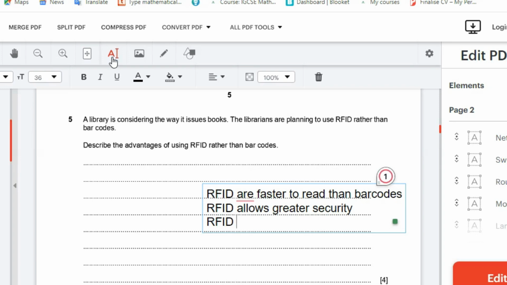RFID does not need line of sight to read.